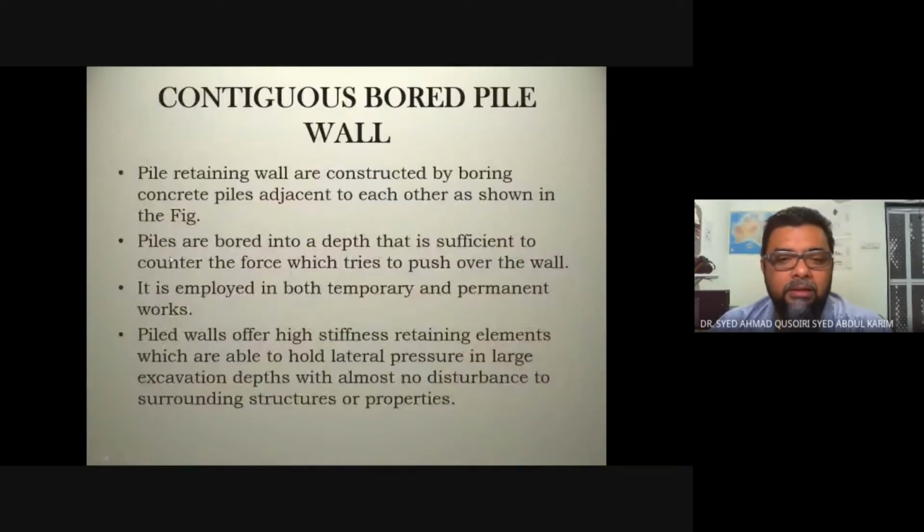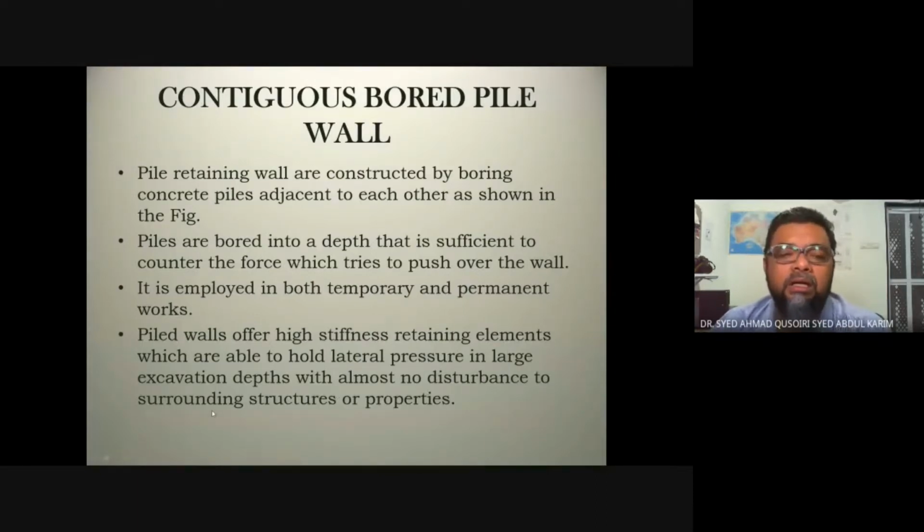Piles are bored to a depth which is sufficient to counter the force which tries to push over the wall. It is employed both as temporary and permanent. It offers higher stiffness retaining elements which are able to hold lateral pressure in large excavation depths with almost no disturbance to the surrounding structure.